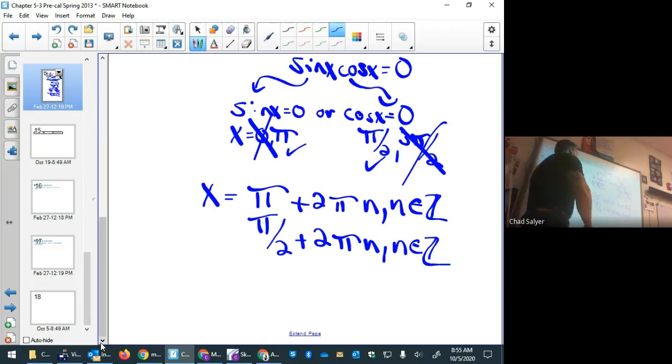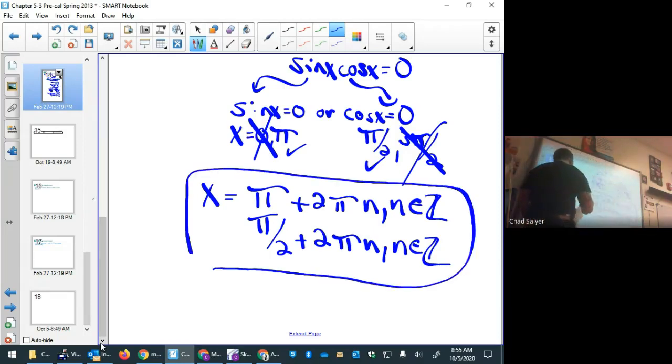So that's how you would find every solution in the universe. We'll do some more of this in the subsequent section, but we found all solutions on the unit circle or within one period. And then here we're finding every solution, period. Every one that exists. And pay attention to what the problem is asking for.